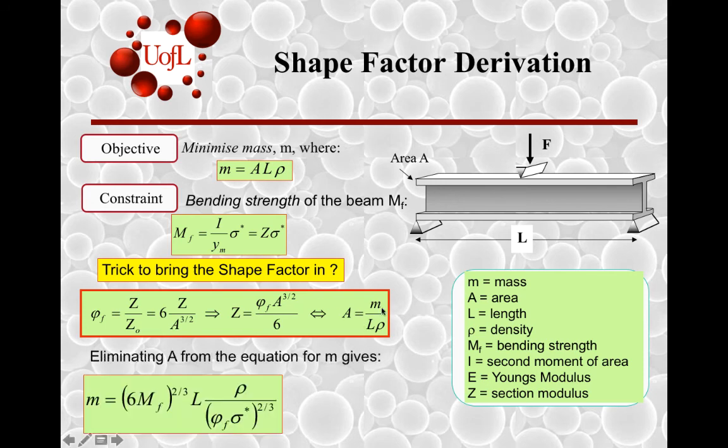If you introduce this term into this equation and rearrange terms to express everything according to m, you will get an expression which is a product of the functional attribute, the geometry, and material properties rho and sigma, and the shape factor.